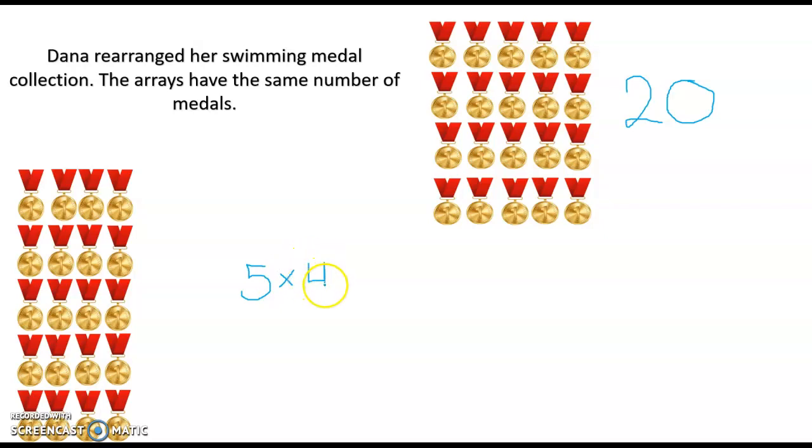So she's got 5 times 4. So we have 4 plus 4 is 8. Another 4 is 12. Another 4 is 16. Another 4 is 20. We still have 20 medals.